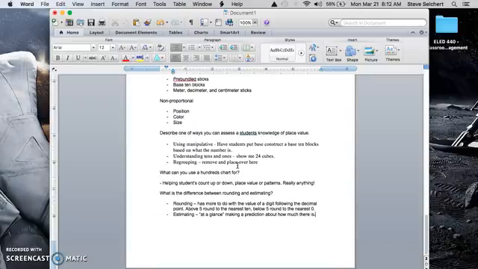So how can you assess students' knowledge of place value? Using manipulatives. So you could have students put base 10 blocks together based on what the number is. So the manipulative is the base 10 blocks, and if you had the number 34, you'd have them make 3 ten blocks and then 4 just cubes.